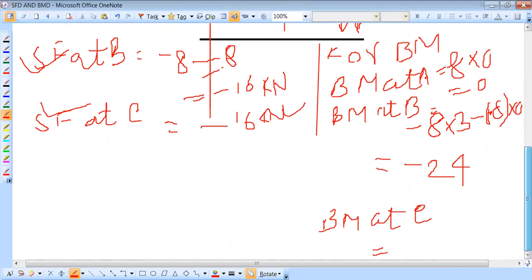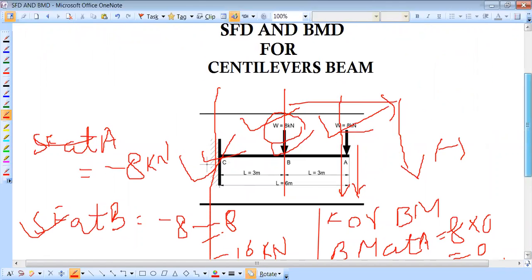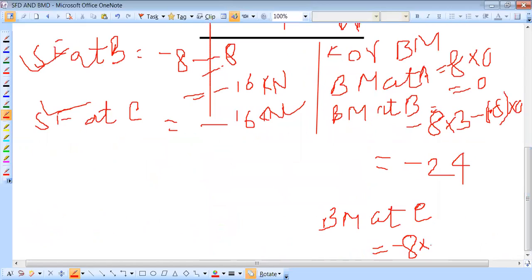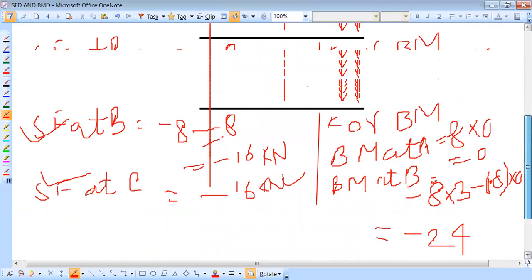So at point C, you can write minus 8 at point A. Then how much is the distance from point C to A? 6. You can see that the distance is 6. So you have to take 6 times minus 8 kilonewton.